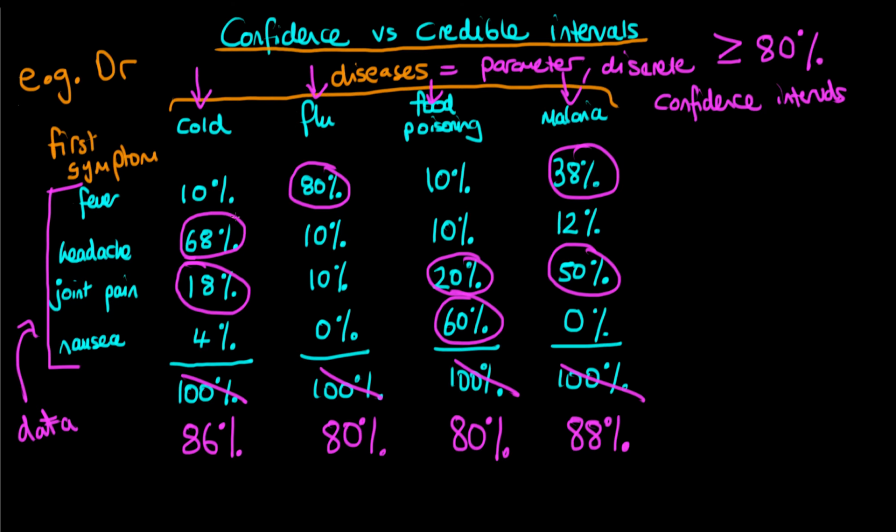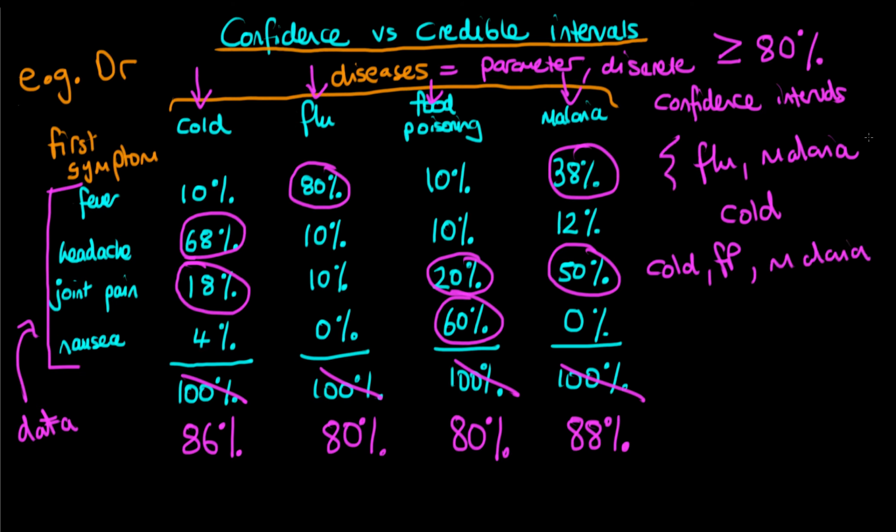So here, if an individual presents with fever, first of all, then we say, using our confidence intervals, that that individual could have flu or malaria. If an individual presents with a headache, first of all, then we say that that individual has a cold. If an individual has joint pain, then we say that that person could have a cold. They could have food poisoning, which I'm just going to write FP, and they could have malaria.